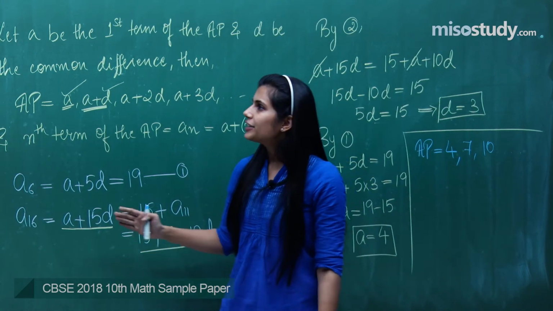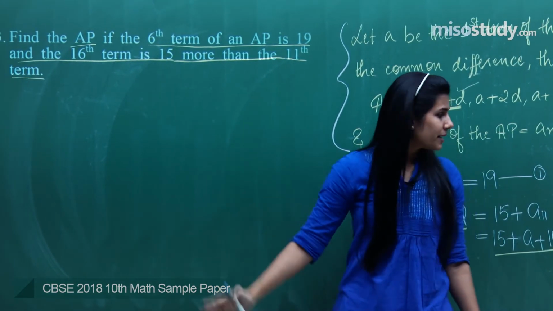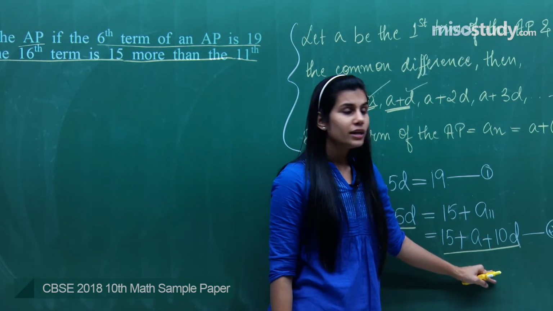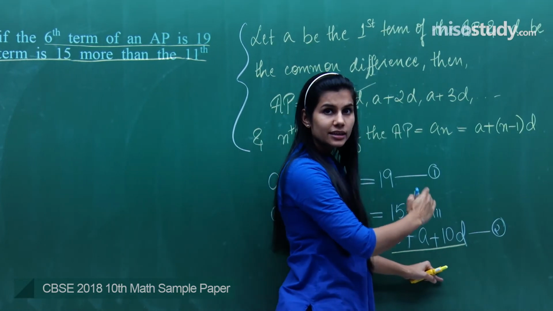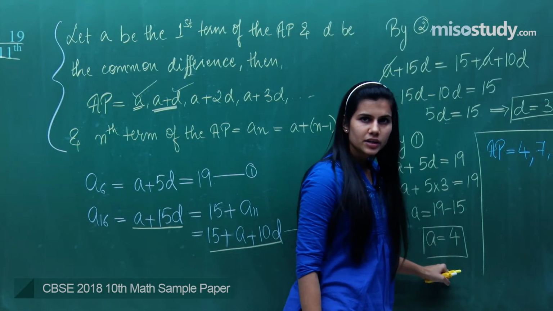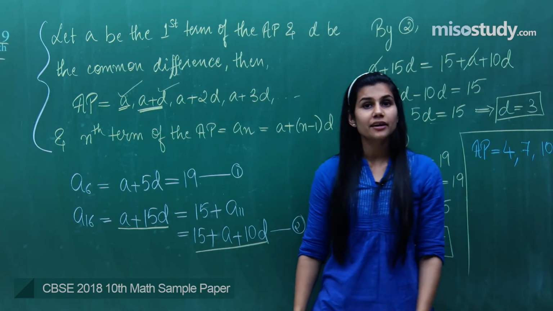That is how, by interpreting the information in terms of mathematics and using the knowledge about AP, we have found out the value of common difference and the first term, which are the only two things required to find the entire AP.